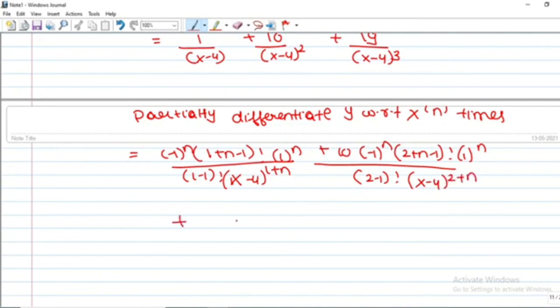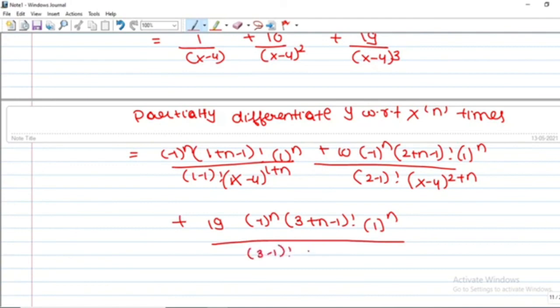And lastly, plus 19 outside, this will be (-1)^n into, here the m value is 3, so (3+n-1)! into 1^n, the whole upon (3-1)! into (x-4)^(3+n).